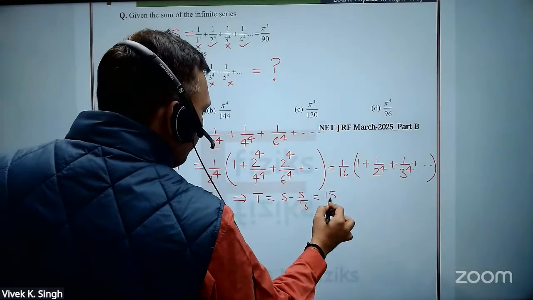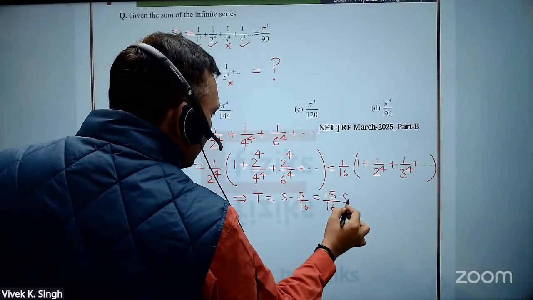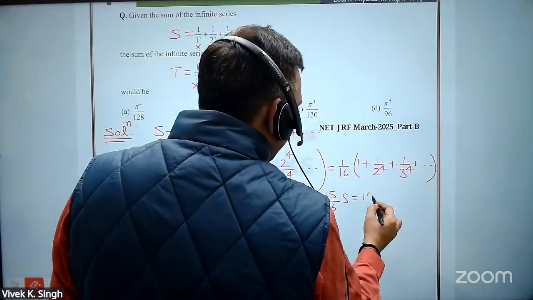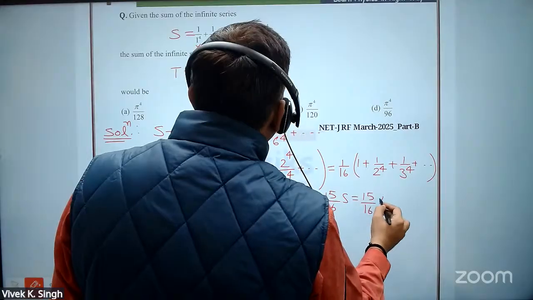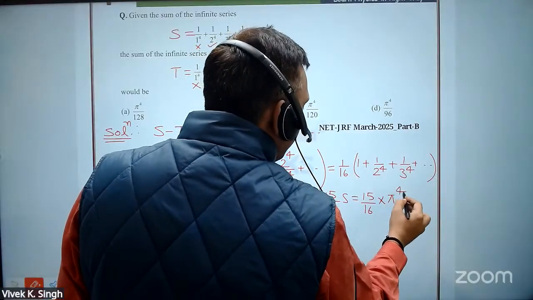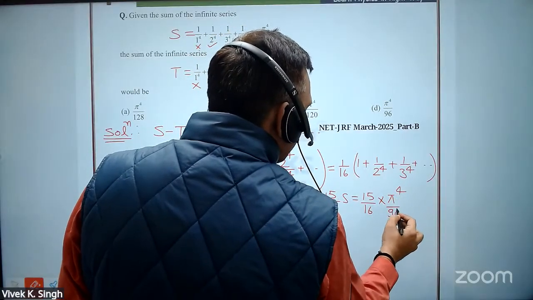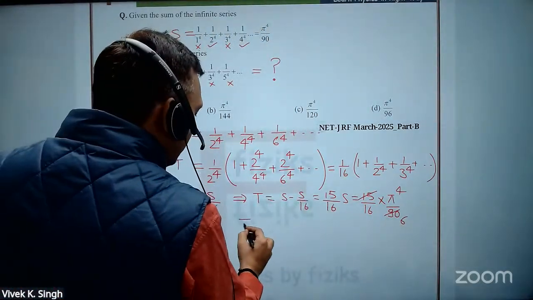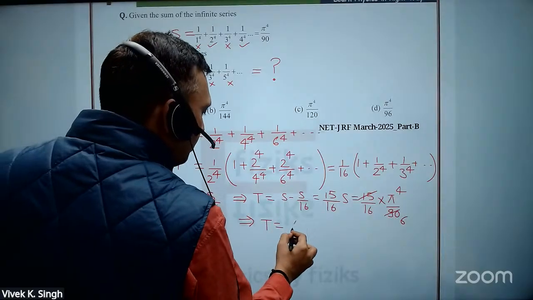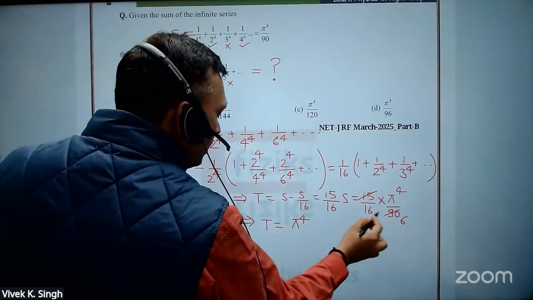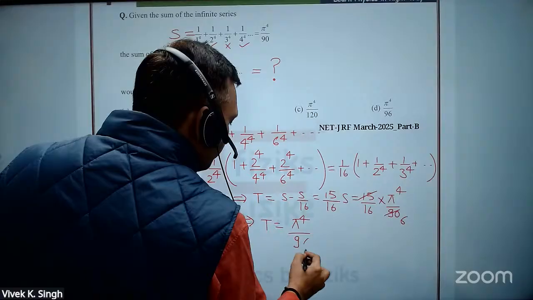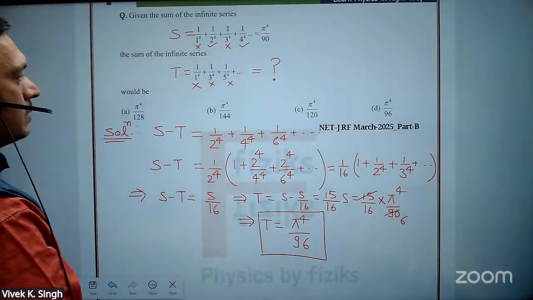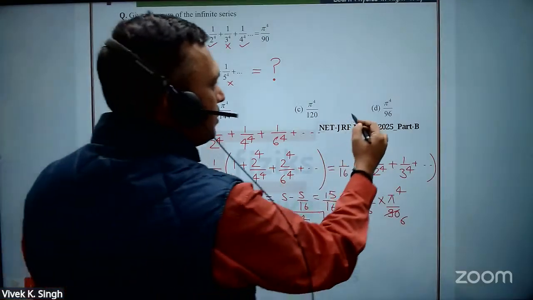So that is 15 by 16 into S. And S is pi power 4 by 90. This is 6 times. So finally, you will get pi power 4 by 96. Pi power 4 by 96. So D option is correct.